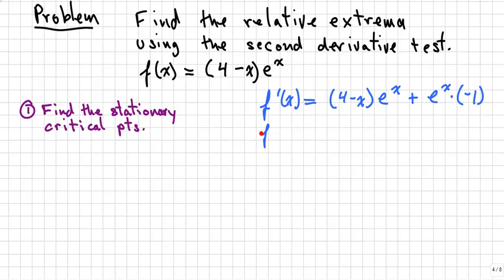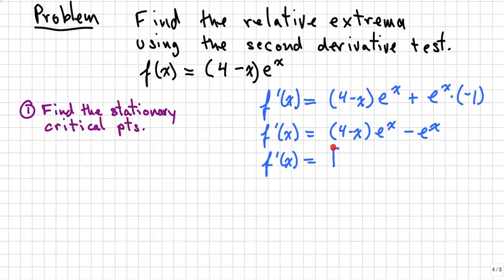Okay, so here's our derivative. 4 minus x e to the x minus e to the x. And we've got an e to the x in both these terms here. I'm going to sort of factor that out because it's going to make it a little bit easier when we solve it anyways. Set it equal to 0 and solve.